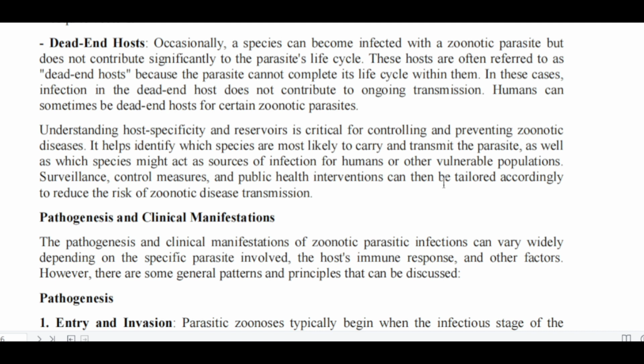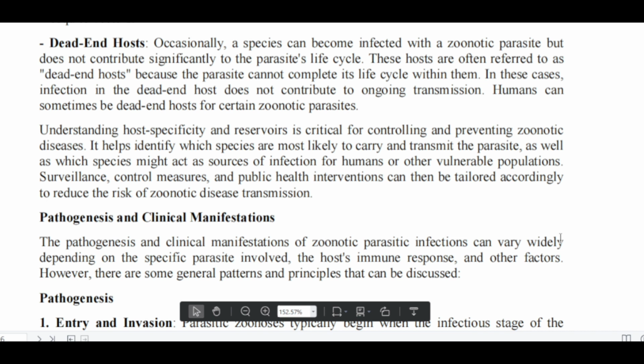If you know that it's a cat that is spreading the disease, or a rat, then you know to take care of the rat. And if you know that it's a vector, a fly or a mosquito, that is spreading it to you, then you know how to take care of that and prevent the mosquito.